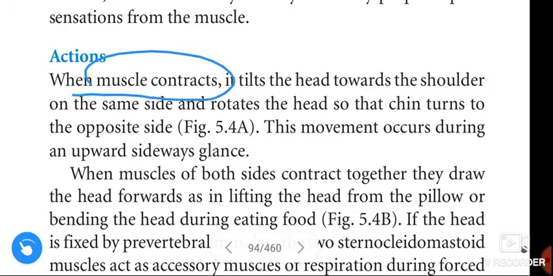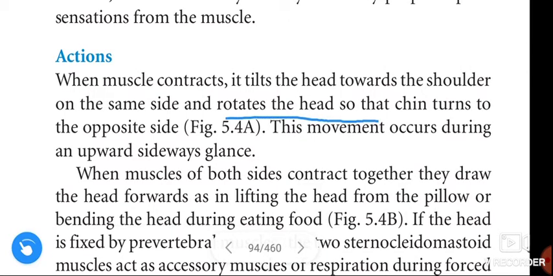When the sternocleidomastoid muscle contracts, it tilts the head towards the shoulder on the same side and rotates the head so that the chin turns to the opposite side.